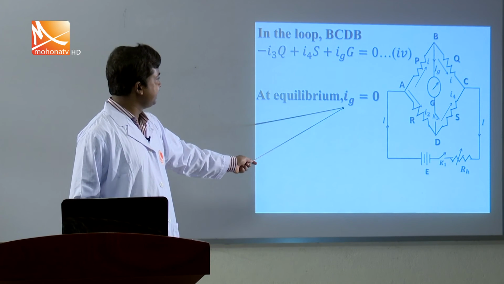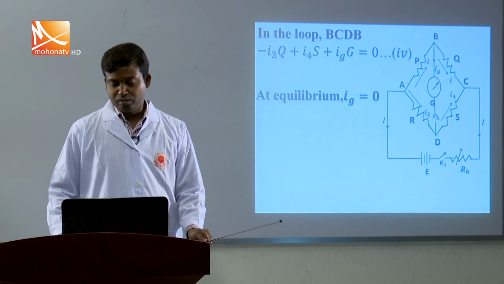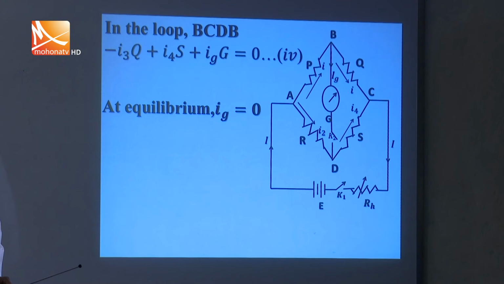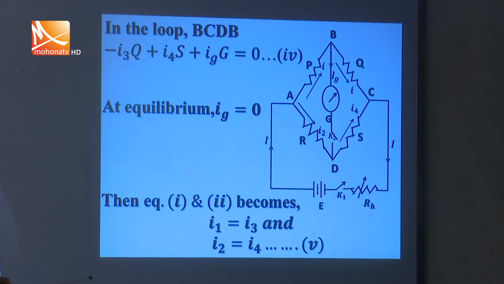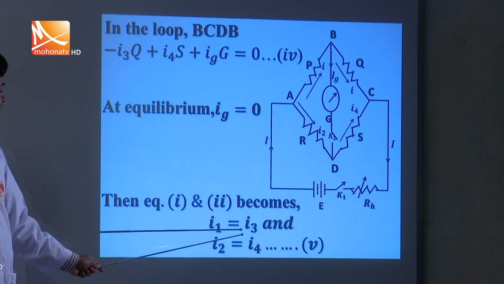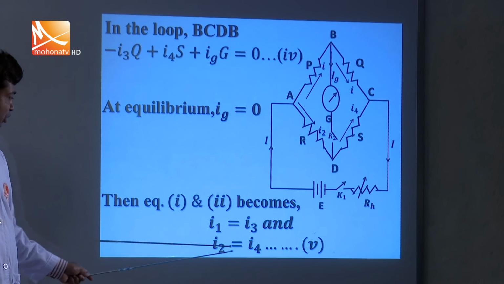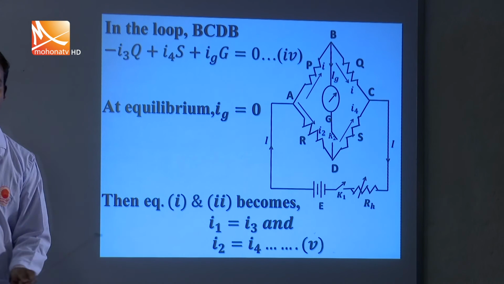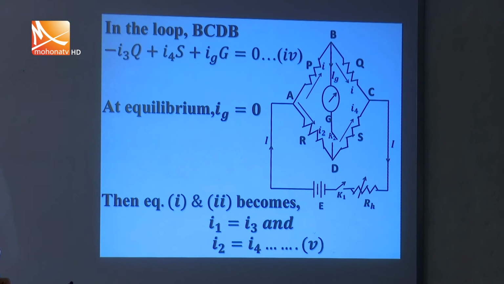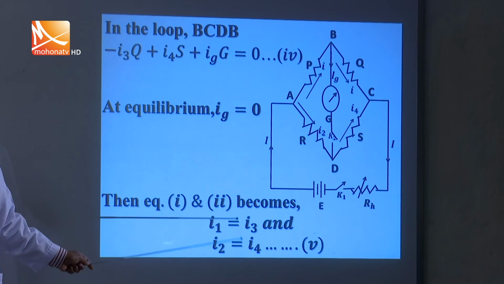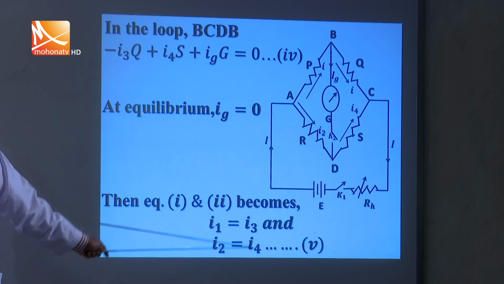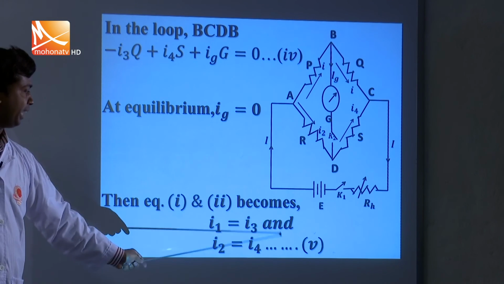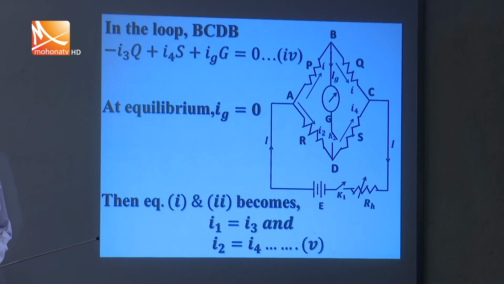Now, apply Ig equals 0 on the last 4 equations. Then from equations 1 and 2, you will get I1 equals I3 and I2 equals I4. This is equation number 5. That means if you put Ig equals 0, then equation 1 becomes this, and this is equation 2, which is represented by another equation, that is 5.